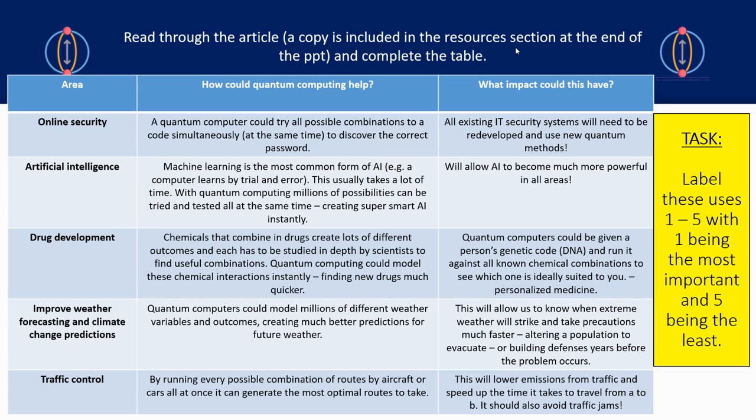For example, air traffic control. What's the best way of moving people around the planet on aeroplanes? Well, you can just use quantum computing to get an AI to trial every possible flight path in existence before it can settle on the best, most efficient combination possible.